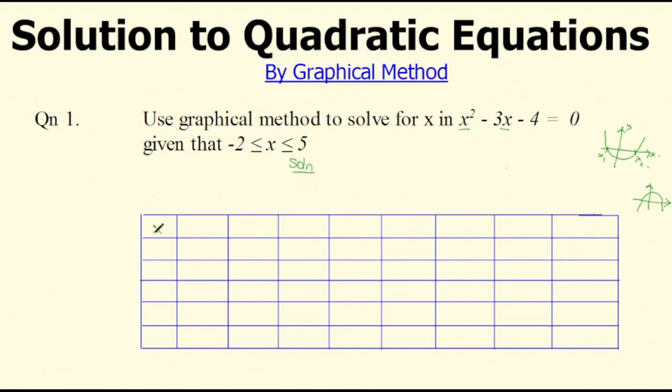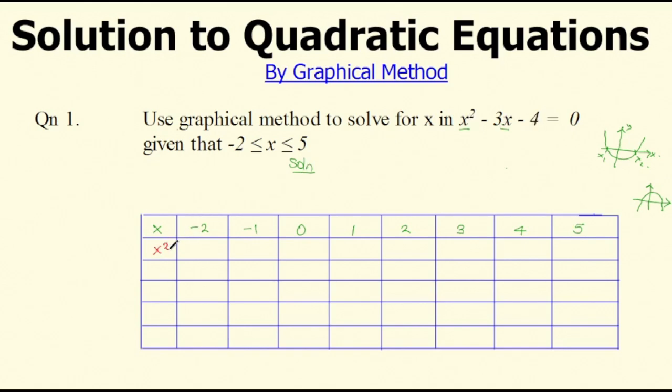In the first place, we're going to make the arrangement of this range where we have negative 2, and then negative 1, 0, 1, 2, 3, 4, and 5. Then we can flip these three terms from our equation, starting with x squared in this column.